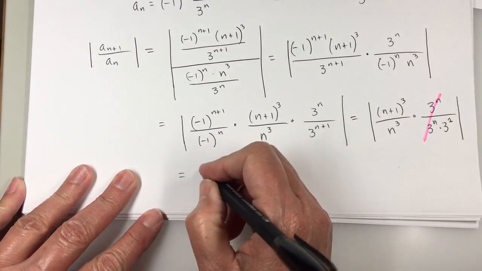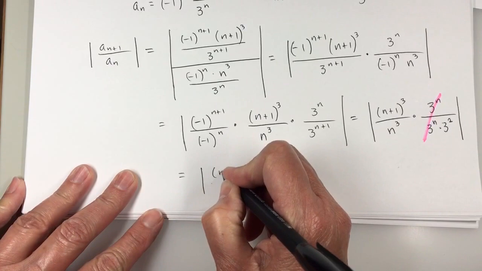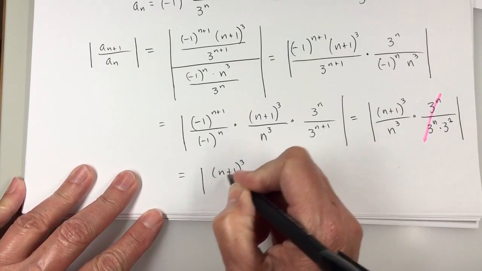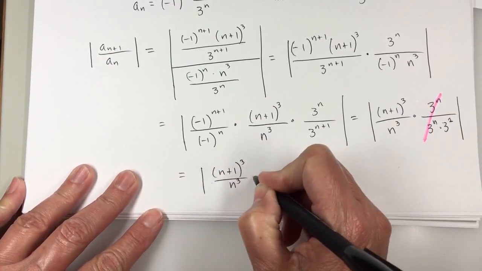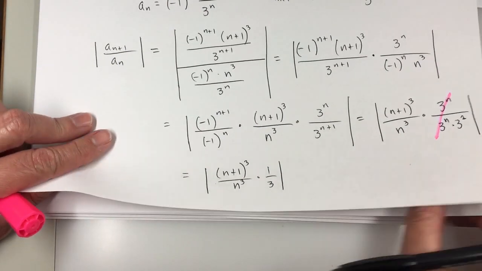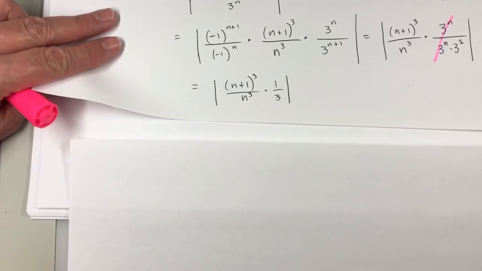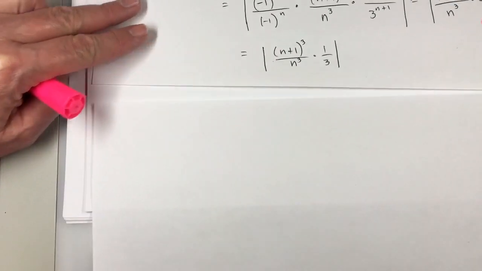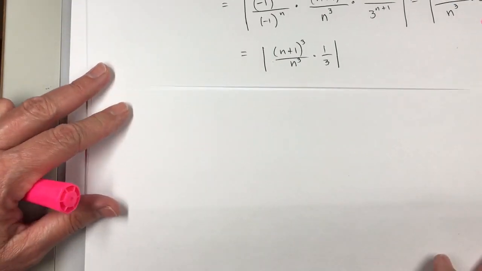So my ratio reduces to the absolute value of n plus 1 cubed over n cubed times 1/3. And I could take off the absolute value at this point because n is going to infinity. It's starting with 1. Okay, but I'm going to keep them.